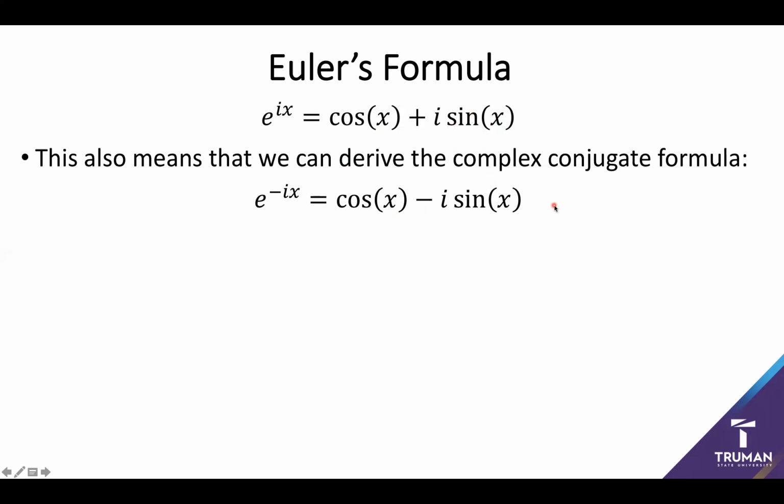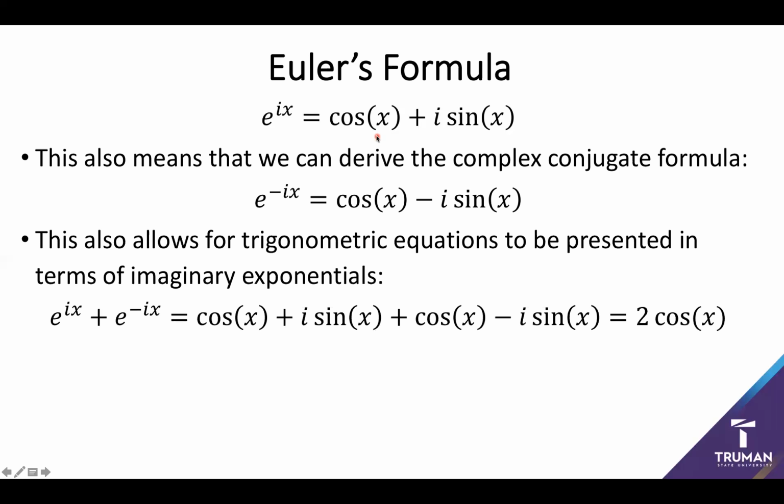However, another very useful feature is that sometimes I might not want to go from an exponential to my trigonometric functions. Occasionally, I'm going to need to go the reverse. One of the ways we can do this can be shown by starting with combining our two complex conjugates here, e to the ix plus e to the negative ix.